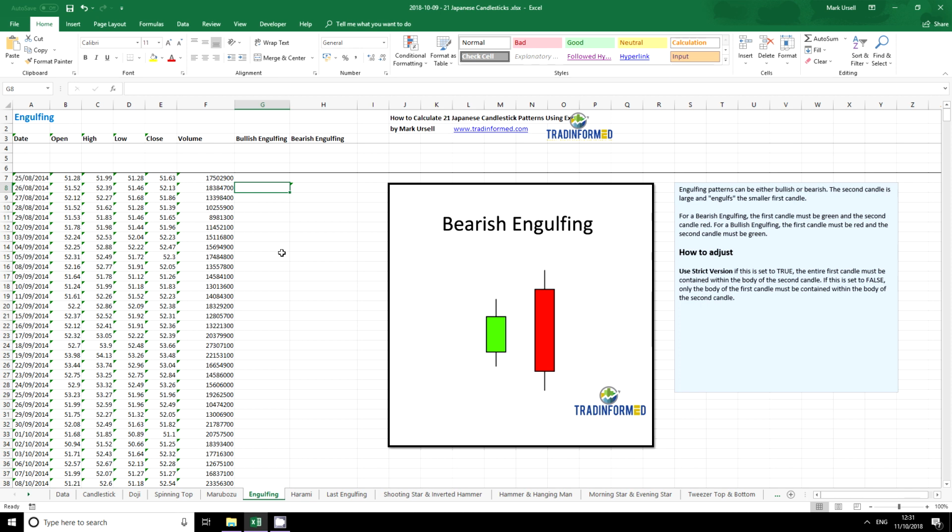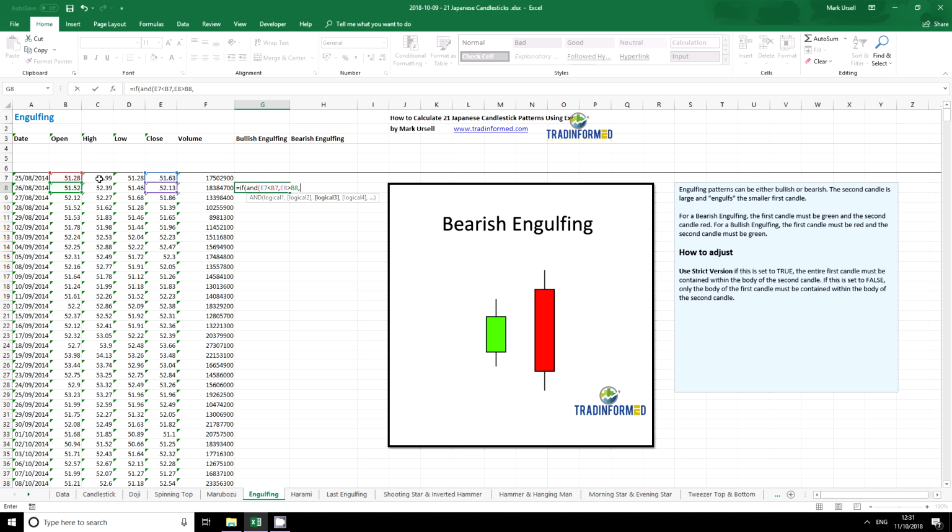I'm going to do exactly the same but the opposite for the bullish engulfing. Equals if, and in this case we want our initial candle, the close, to be lower than the open, and our second candle, the close, to be greater than the open.